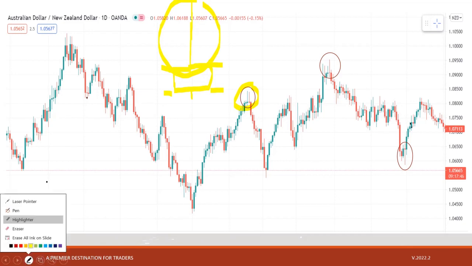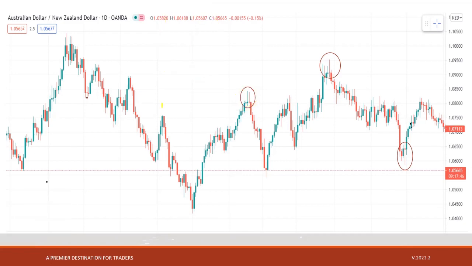So what are the criteria for a bullish pin bar? For a bullish pin bar, the bottom wick should be at least 2 times bigger than the size of the body.